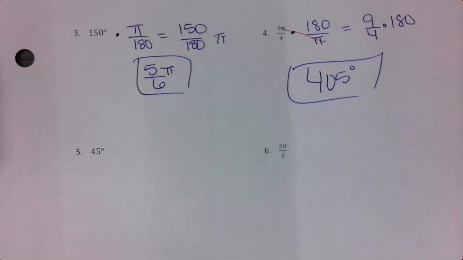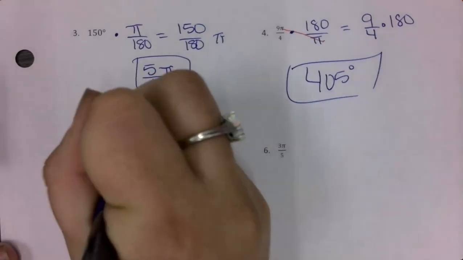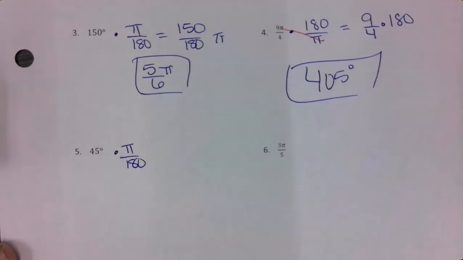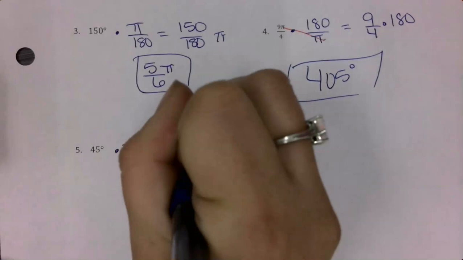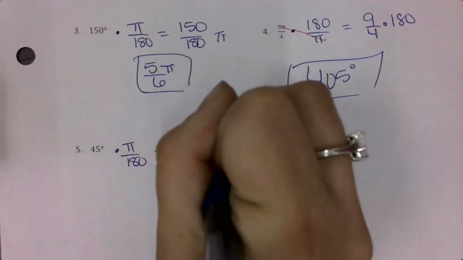Okay, number 5 starts off in degrees, so I want to multiply by pi over 180. Then I can rewrite the numbers as a fraction, so I'm going to have 45 over 180 times pi.